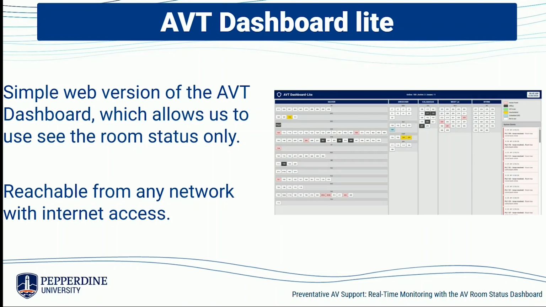It follows simpler logic, so it'll show a different list of device connection issues, and it lacks some exceptions that were coded into the application version. But it's a simple workaround. It works on the phone if you just want to look really quickly, like, I'm wandering around campus and I want to see if this room that I'm about to walk in has any issues. And that's it.